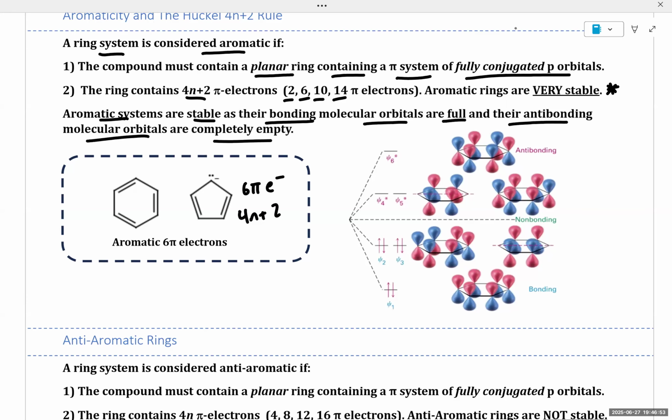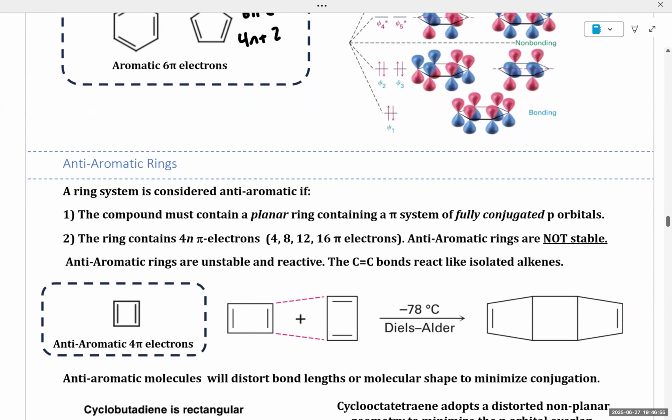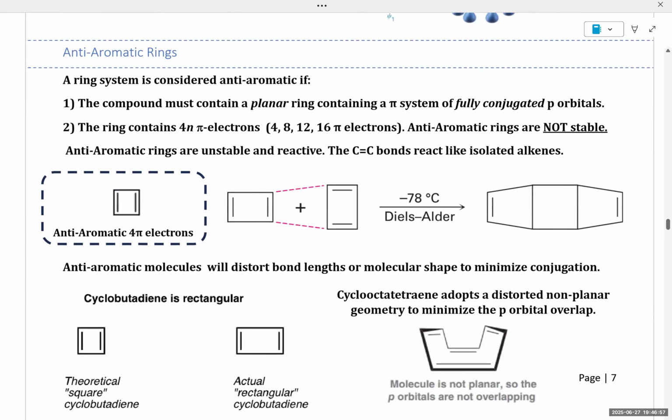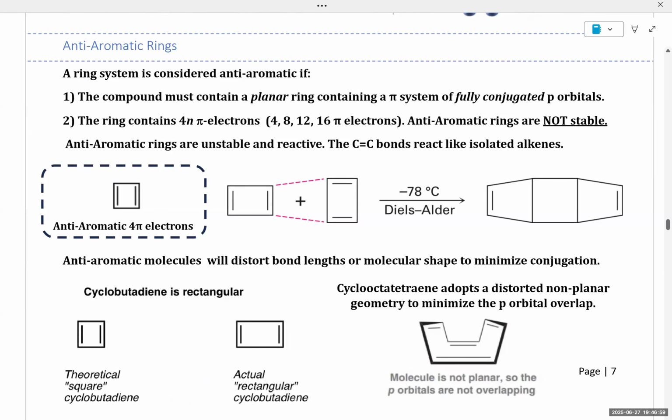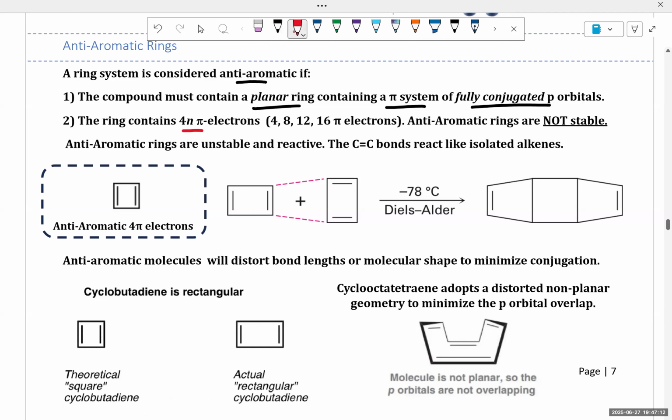Now, a counterpart to aromatic compounds are antiaromatic rings. A ring system is considered antiaromatic if the compound contains a planar ring containing a pi system of fully conjugated p orbitals, and the ring contains 4n pi electrons, be it 4, 8, 12, or 16 pi electrons.